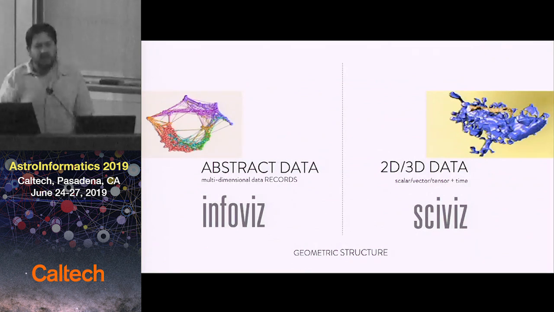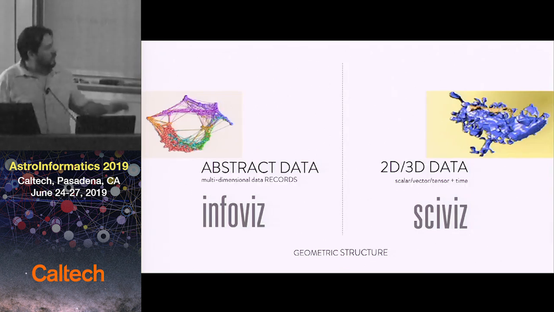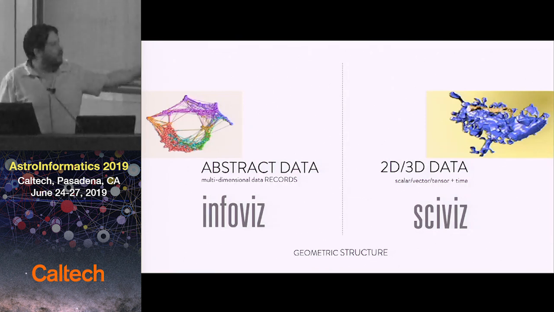There's the stuff that is basically multidimensional records, which AstroInformatics is rich in. And then there's the stuff that usually has a shape: a dendrite, a tumor in a lung, or fluid across a wing. Things that have some physicality to them. These are both fields. One is usually called InfoVis. The other is called SciVis.